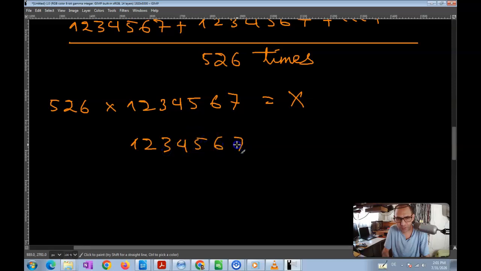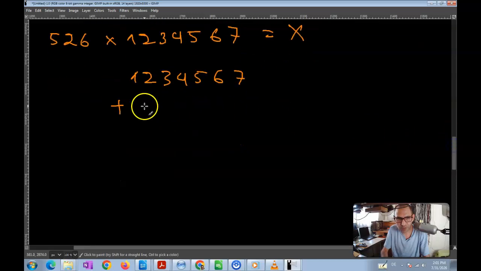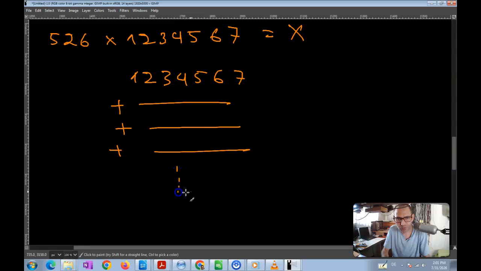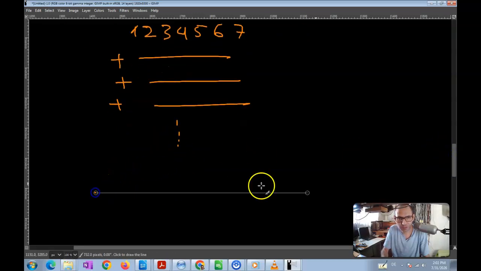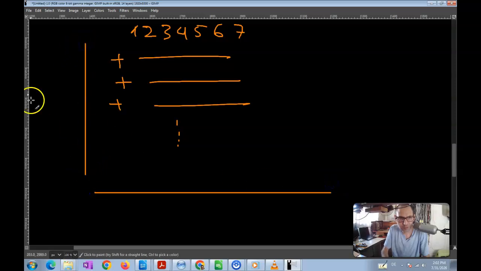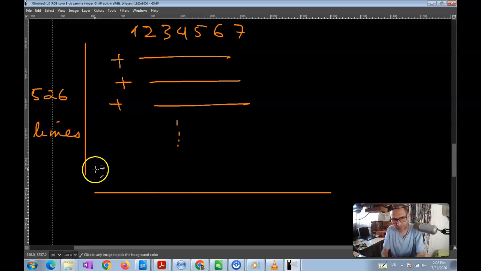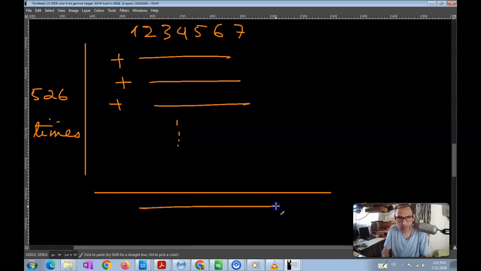And then to solve this problem, I would have to write 1 2 3 4 5 6 7 plus the same number plus the same number plus the same number, over and over again, 526 times, and that would be the answer here, which takes an eternity to calculate.